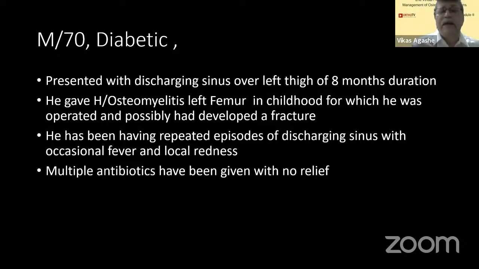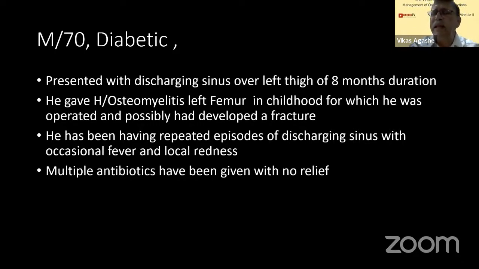So this 70-year-old diabetic patient presented with discharging sinus over left thigh of 8-month duration. He gave history of osteomyelitis left femur in childhood, for which he was operated, and as per the history, he had possibly developed a fracture. He has been having repeated episodes of discharging sinus, and he has taken multiple antibiotics and there is no relief.